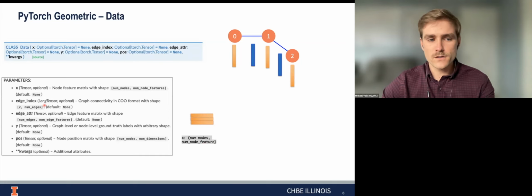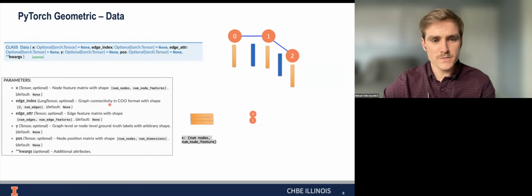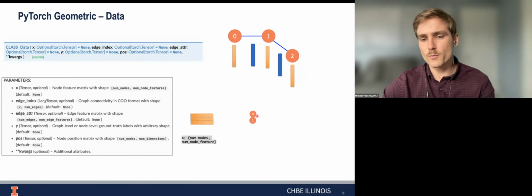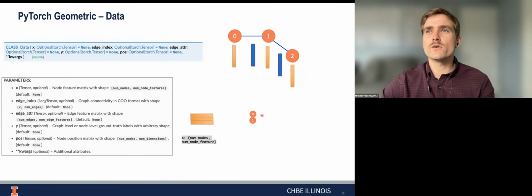Now for the edge index, the way this looks is you have basically pairs of nodes, and it's in this specific connectivity format. For an undirected graph, which this is, it has no directionality in the edge, so it's basically made directed. You have a direction pointing from, say, 1 to 0 and also from 0 to 1.